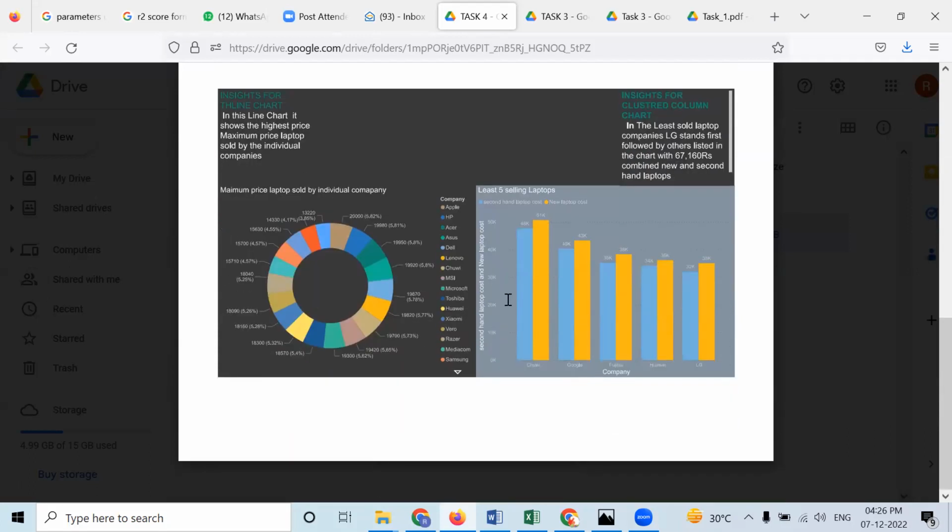No, based on the specification. See, Abhishek, if you are in a company and you want to sell laptops which have all good features, will you go for checking the company or for the laptop itself? This data will not help you to purchase a particular laptop and sell it.